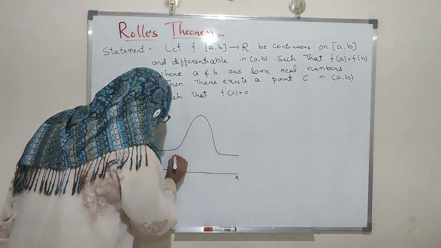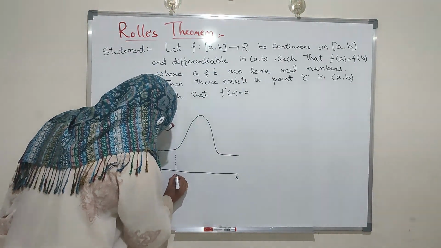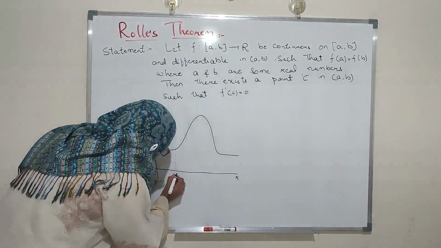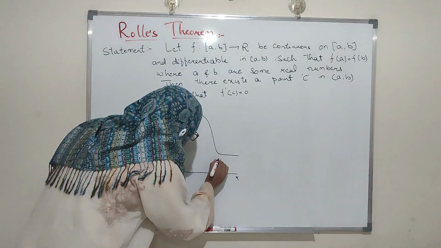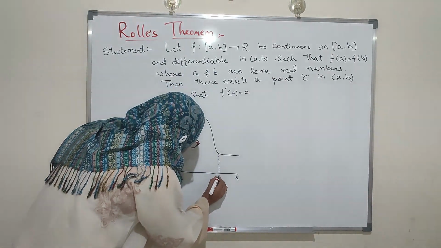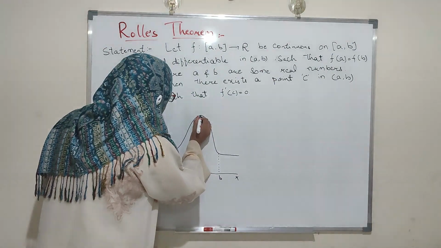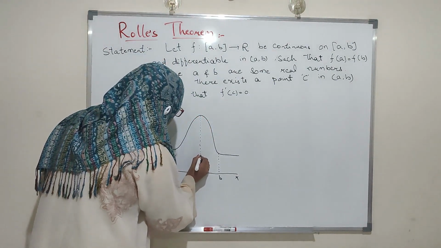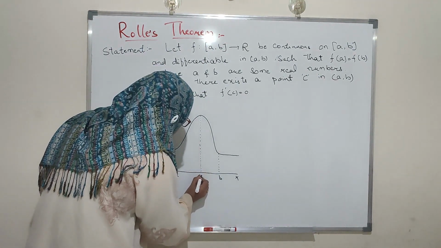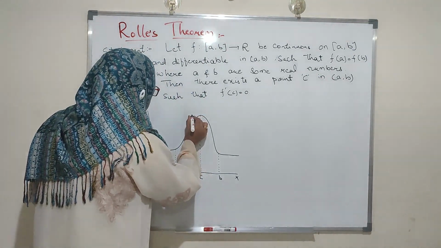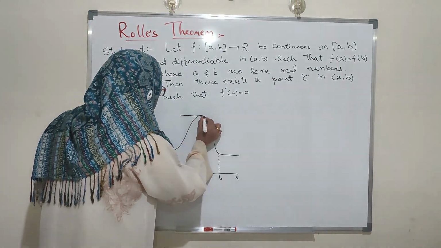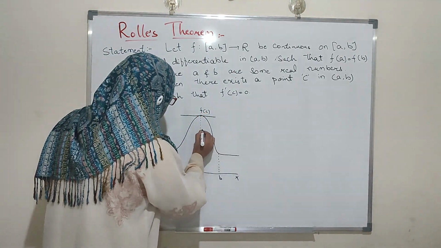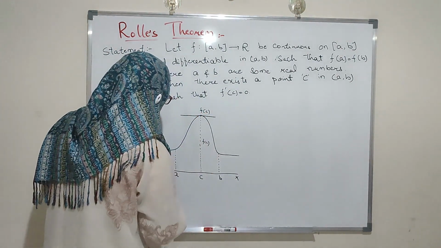Where this point is A, this one is B, and the top of this curve is point C. There exists a point in between A and B. So this one is the slope of the tangent, f dash of C. Okay.